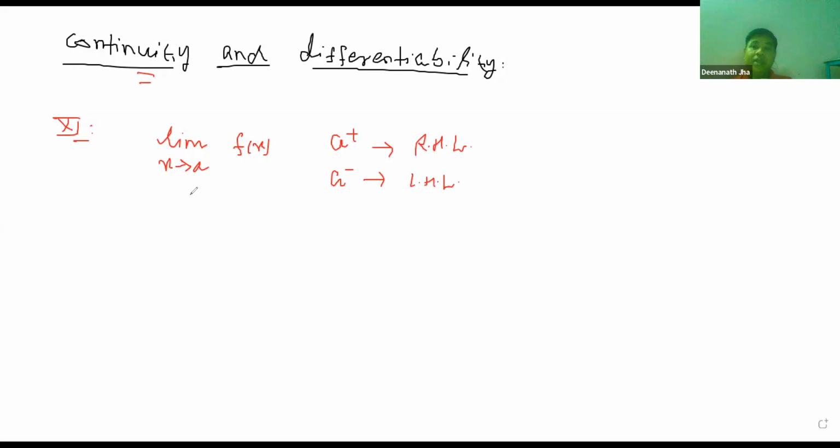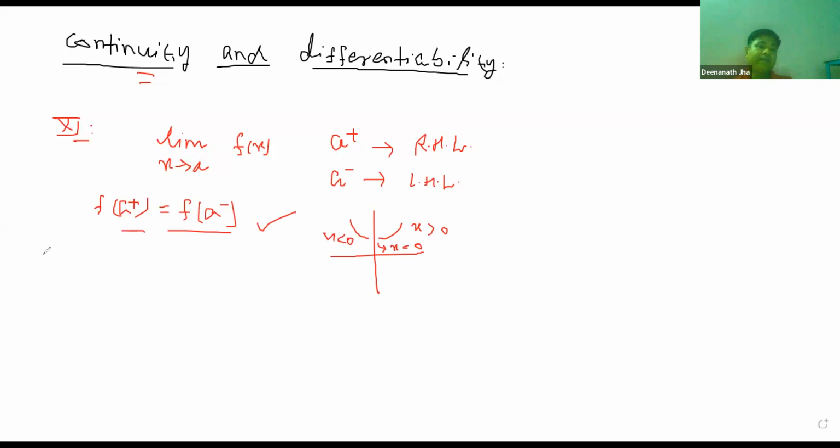Got it? In the case of limit, we have studied that if f(a plus) equals f(a minus), then does the limit exist or not? Yes, the limit exists. Now from the figure, this is x greater than 0, this is x less than 0, and this part is x equal to 0.